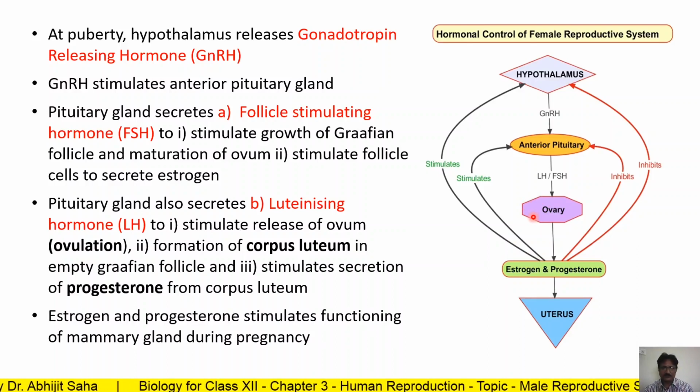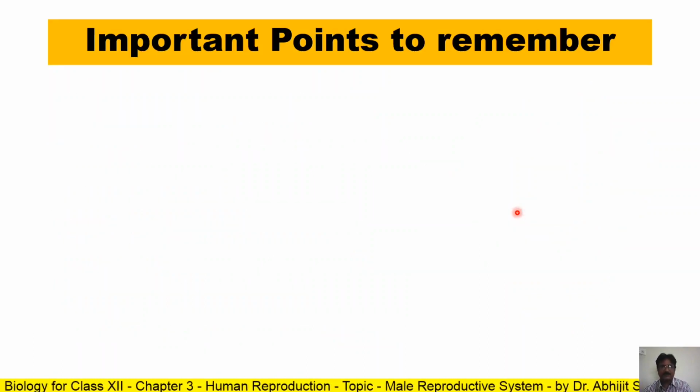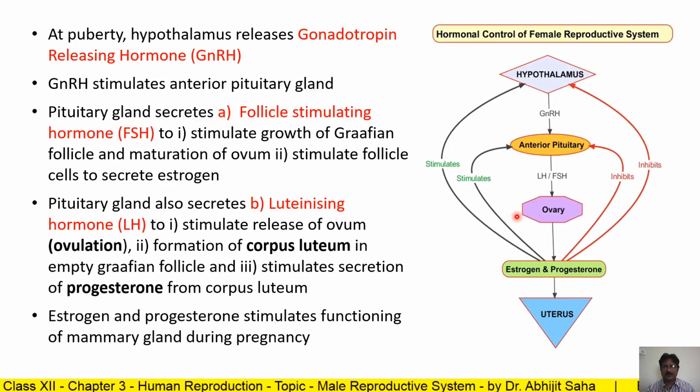Estrogen and progesterone together stimulate the functioning of the mammary gland during pregnancy. So these are some of the important points to be discussed, which you have seen here: hypothalamus, anterior pituitary, ovary, estrogen and progesterone, and finally acting on the uterus. This is a very simple diagram.